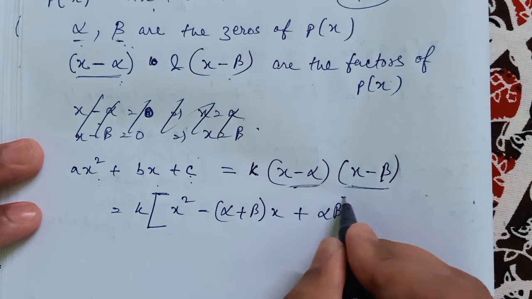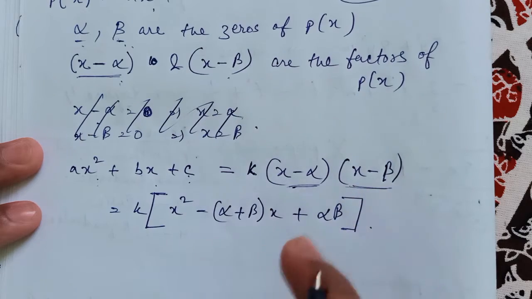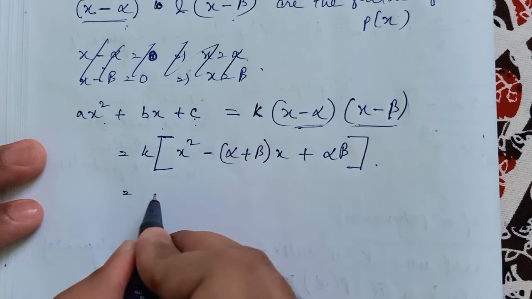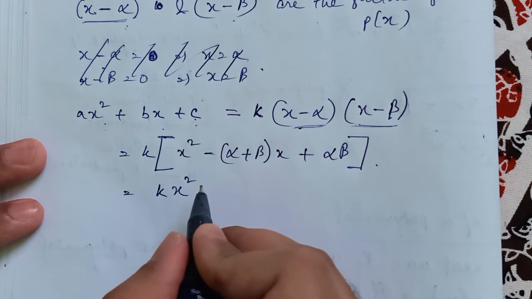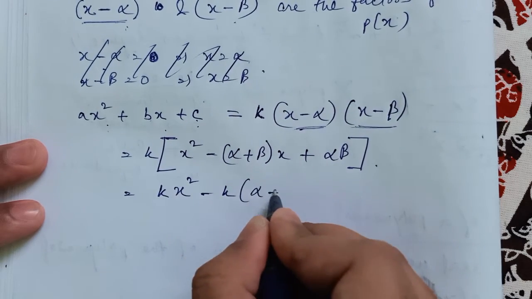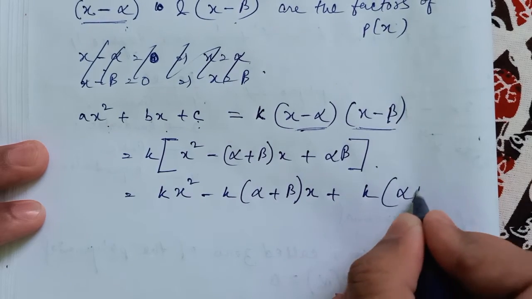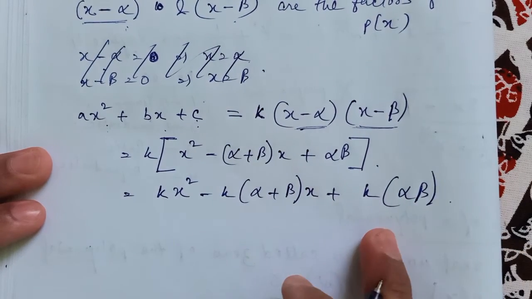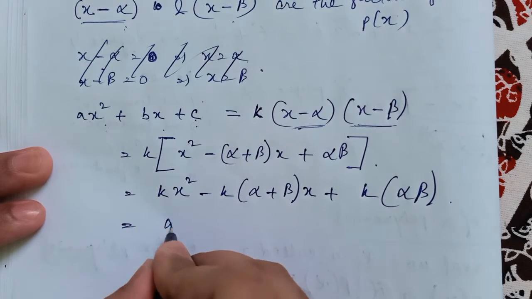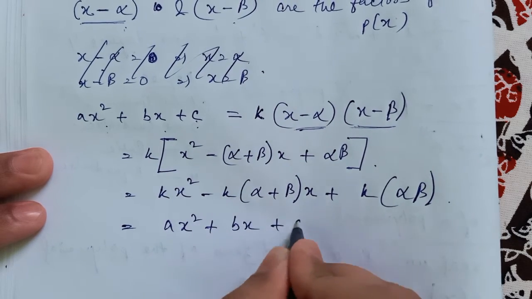So this will be the factorization of this one. If you multiply by k, it will be kx squared minus k(alpha plus beta)x plus k alpha beta. Now compare this with the general form that you considered, ax squared plus bx plus c.